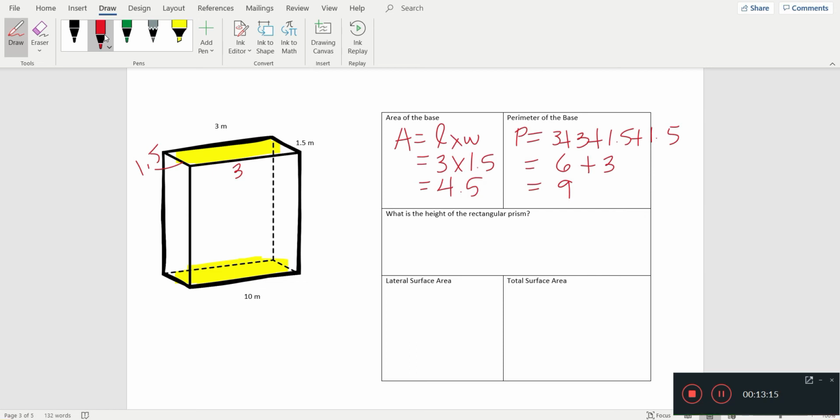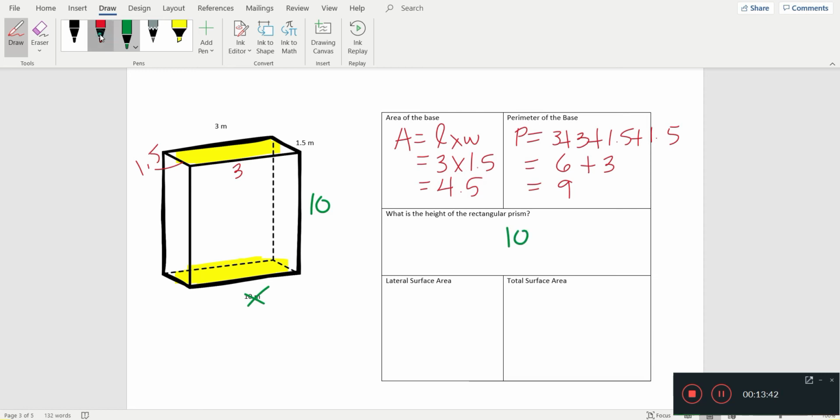Okay, there is something wrong with this. I think this should be here. Sorry about that. I will change that on our worksheets. So the height should be 10.